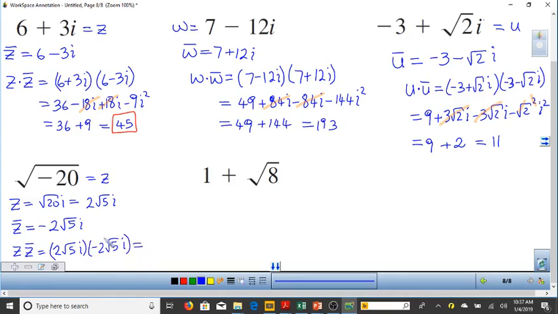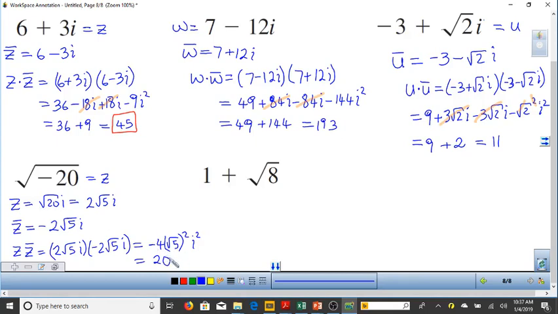That gives us negative 4 times 5 times i squared. And a negative times a negative is a positive, and 4 times 5 is 20. Some of you may have noticed that if you just kept it as square root 20 times i, you get negative square root 20 times positive square root 20, which gives you negative square root 20 squared, and then times i squared. It gives you the same result.